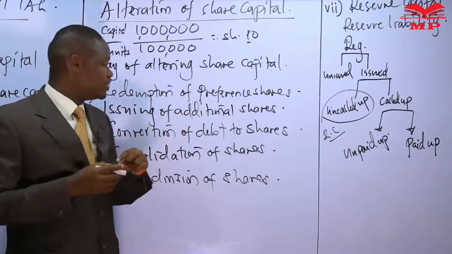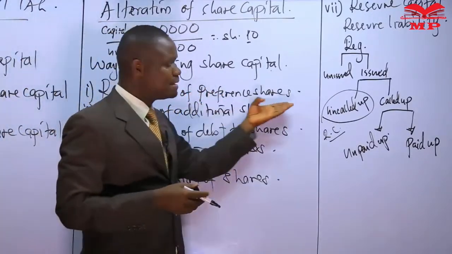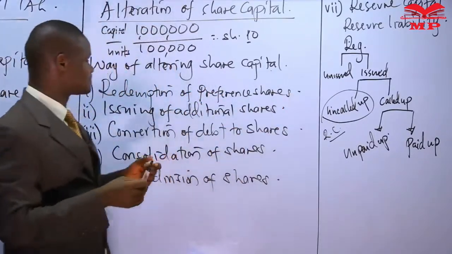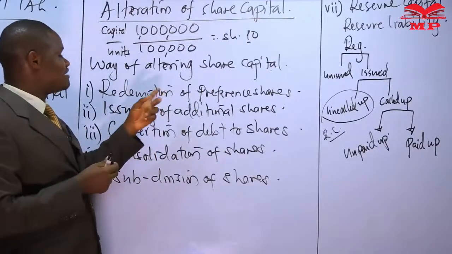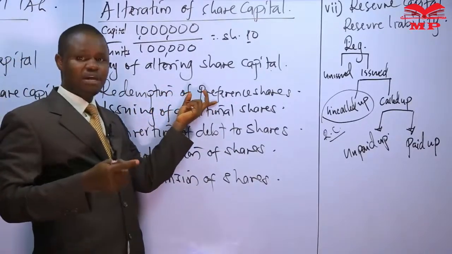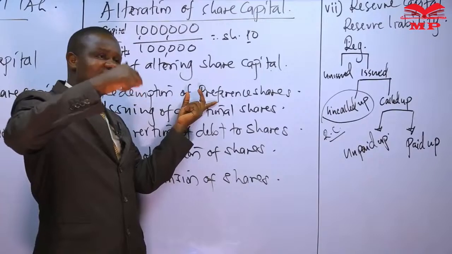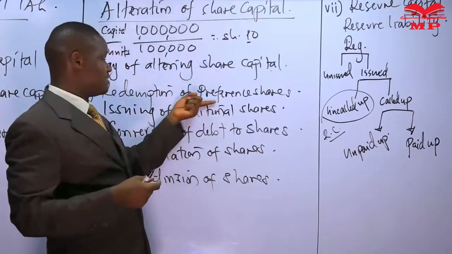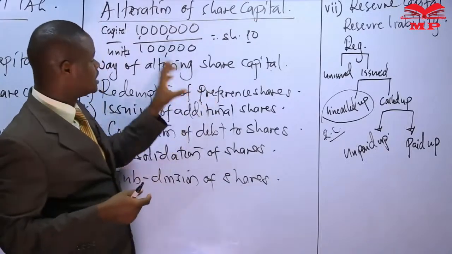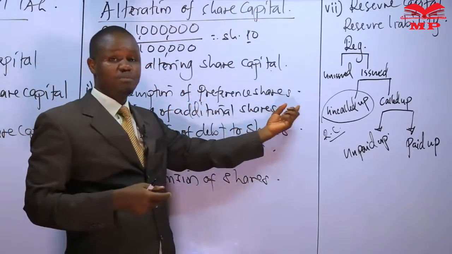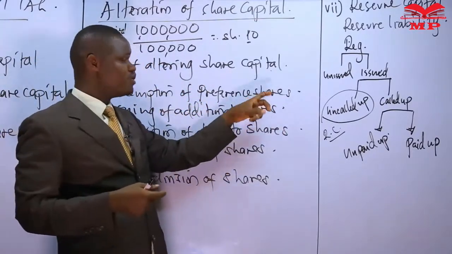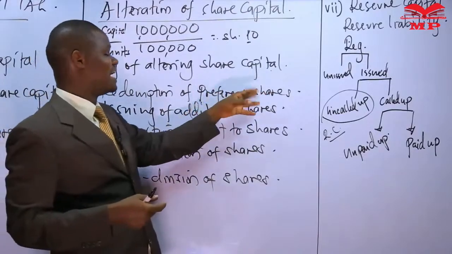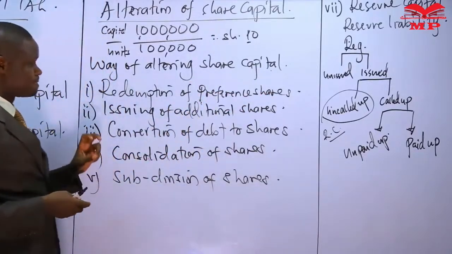Now, we will have some conditions relating to the redemption of preference shares. For instance, the shares themselves have to be issued as redeemable, that they have to have that right given to the issuing company, that the company can buy them back. It will be a requirement that these shares should be fully paid, that no redemption will be done for partly paid preference shares.